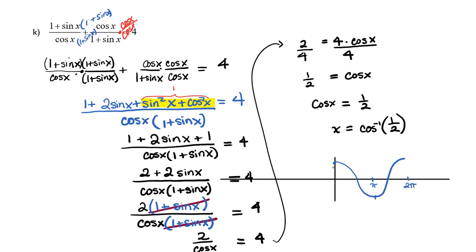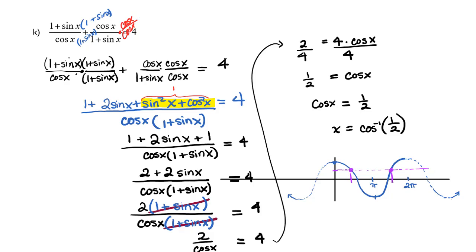So we have to figure out what the first period of cosine, the angle would be at a height of 1/2, and then we will make that true for all periods of cosine, since it repeats. That means I'm looking for where the angle will provide a height of 1/2.